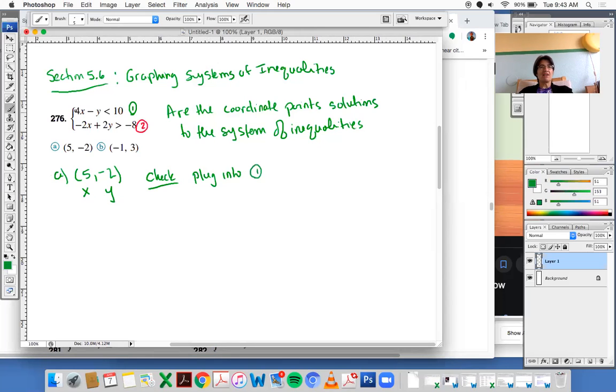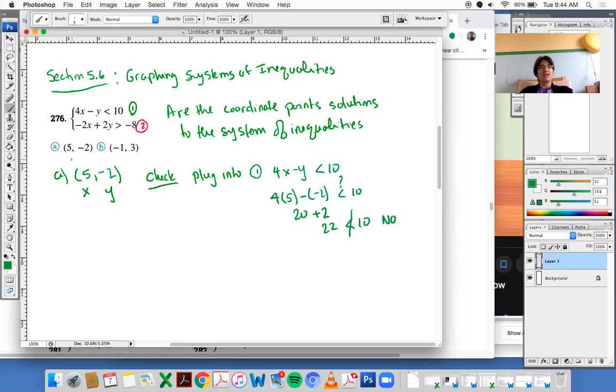The x and y values go into 4x minus y is less than 10. So I plug in x is 5 and y is -2, and I want to see if that is less than 10. This is 20 plus 2, which gives me 22, and that is not less than 10. So that point doesn't work.